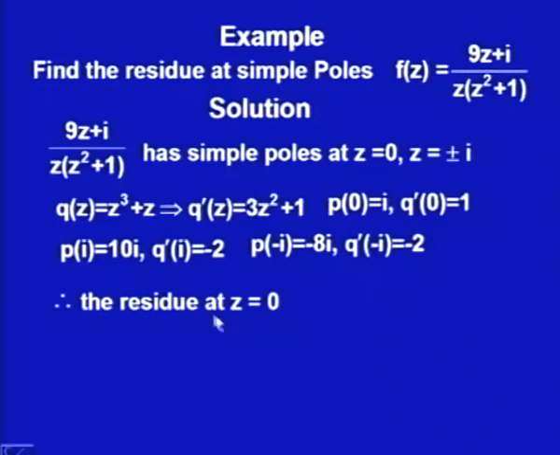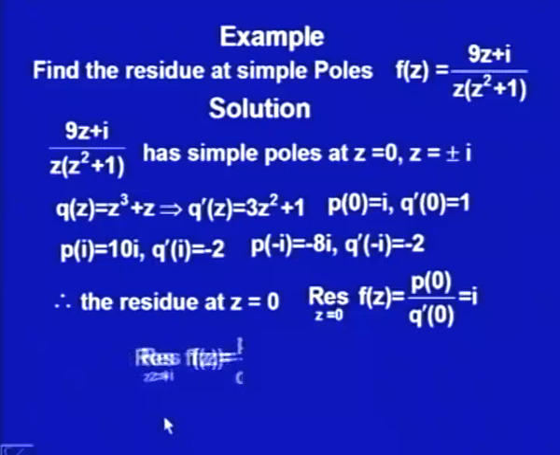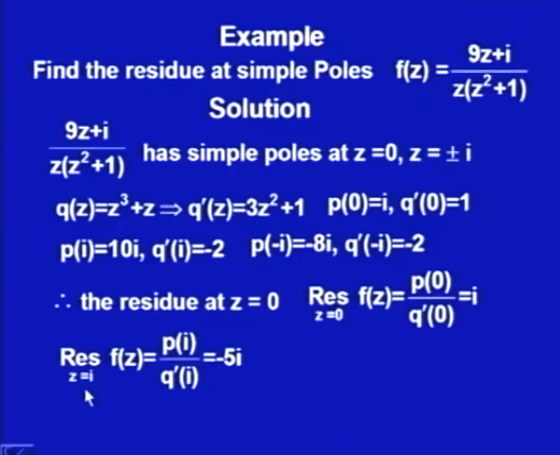So, the residue at z equal to 0 is first p(0) upon q'(0). Now, p(0) is i, q'(0) is 1. So, this is i. Residue at z equal to i, that should be p(i) divided by q'(i). p(i) is 10i, q'(i) is minus 2. So, I would get minus 5i.